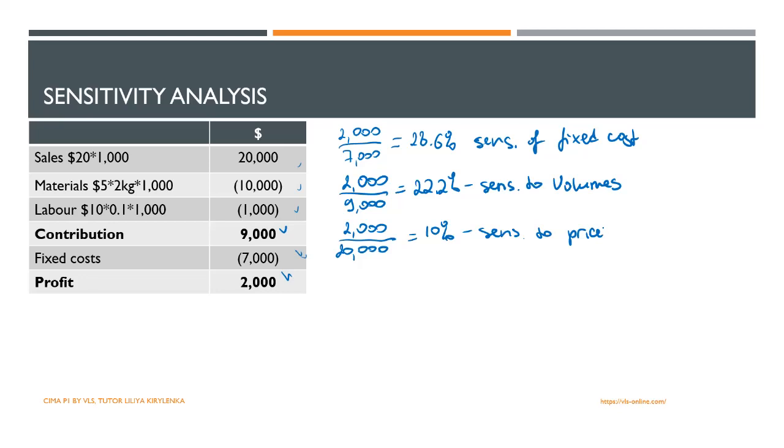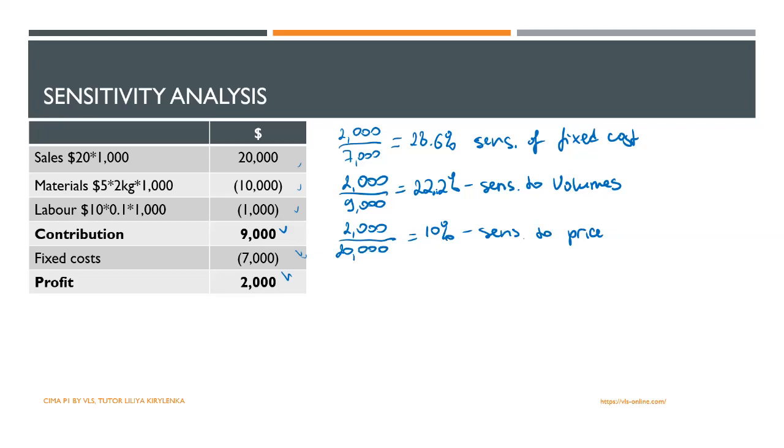And for you, the sensitivity to price is always going to be smaller than sensitivity to volume. Well, because our formula is when we divide profit by that line that is affected by this variable. And of course, contribution is lower than sales because contribution is sales less variable costs.